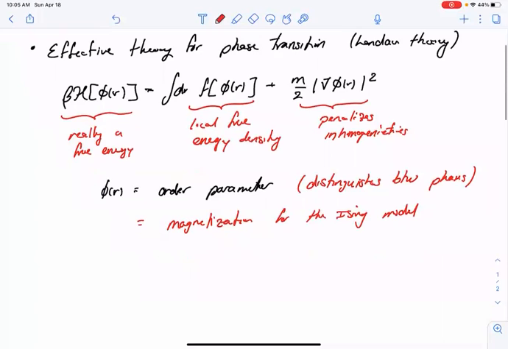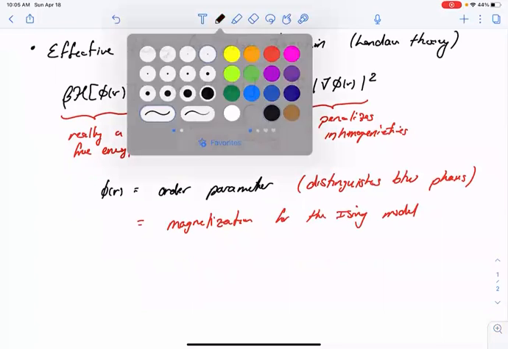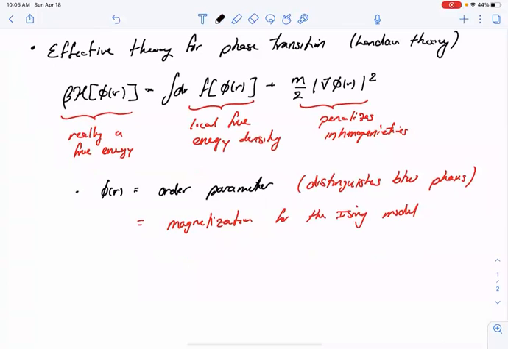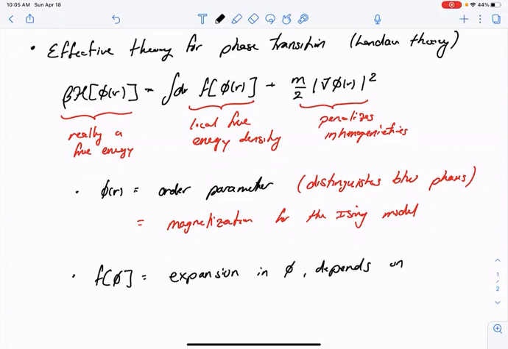When I tell you, however, what I mean by phi, what that does practically is determine the functional form that this local free energy density can satisfy, because it is envisioned as an expansion in phi whose terms depend on the symmetry of that order parameter.